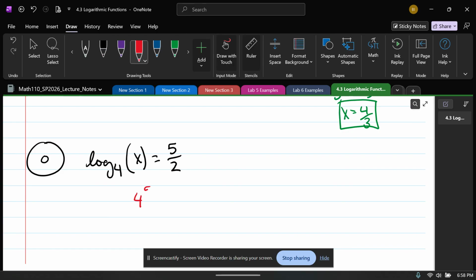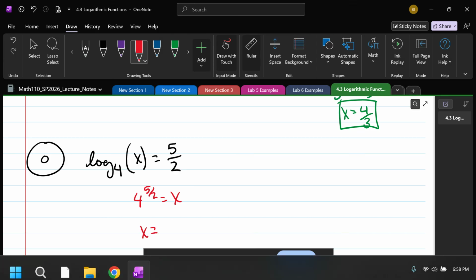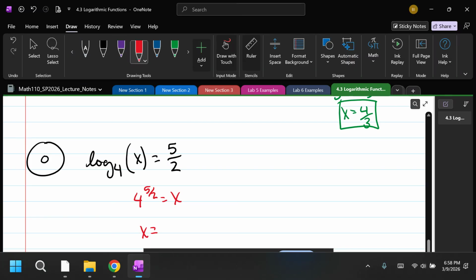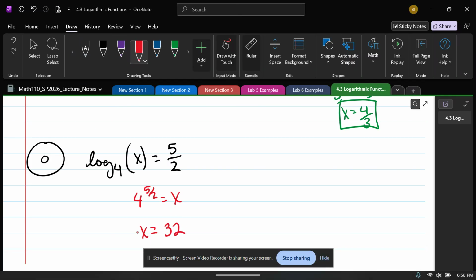Yeah, 4 to the 5/2 equals x. Can we evaluate 4 to the 5/2? Yeah, it ends up being 32. I just go to my calculator: 4 to the 5/2, that's got to be a number. 5 divided by 2, that's the 32. That's where that's coming from. That's not bad. One more.